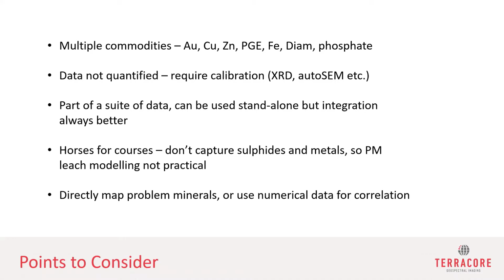So for example, precious metal leaching is a very difficult thing to do using hyperspectral data, unless there is a relationship between the gangue mineralogy and leach performance. And I will show you one example where we believe that to be the case. And we can use this, as I said, for the numerical data that we can correlate, or we can directly map problem minerals. And I've got a couple of examples that I'll show you where we've done this.